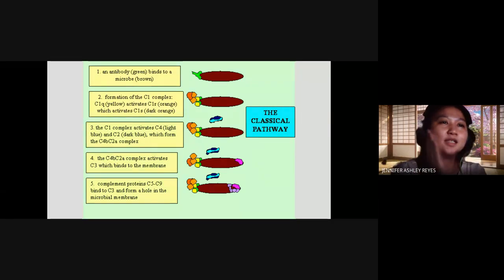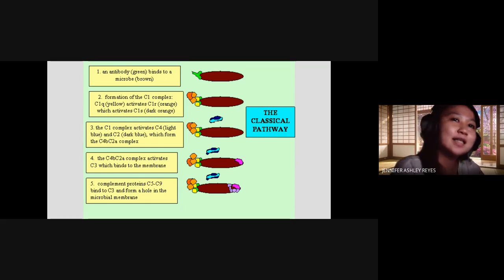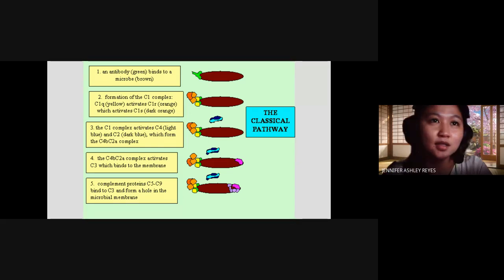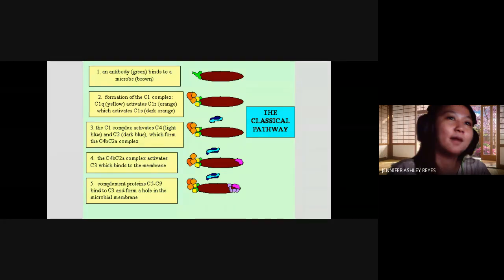I-cleave na niya si C5, tapos i-attract ni C5 si 6, 7, 8, 9. And yung C5 to C9 is termed as the membrane attack complex. Di ba yung sa end part, dito sa right side, magagawa yan sila ng hole so that the pathogen will be lysed. Okay?